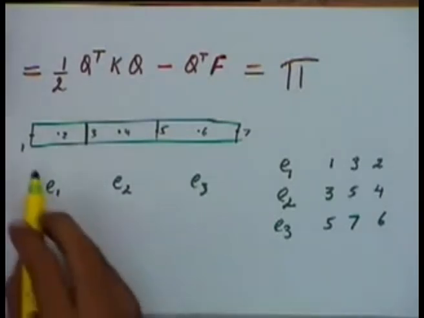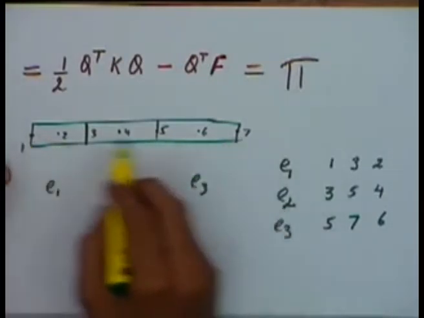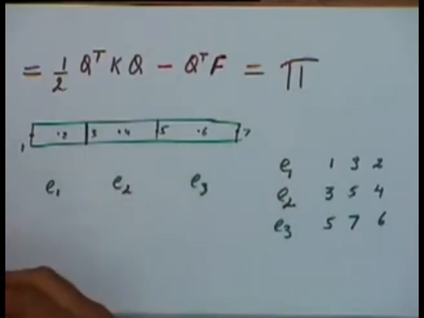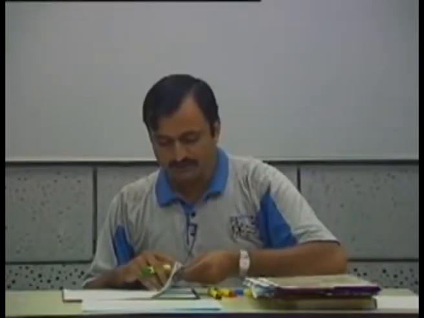So my global stiffness matrix is going to have 7 locations in this case, where there are 7 nodes.